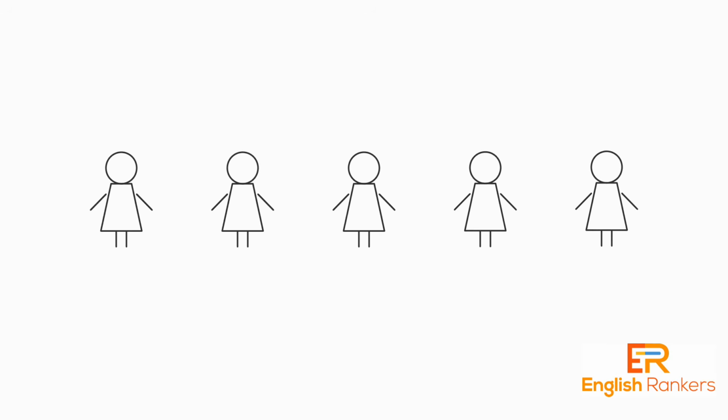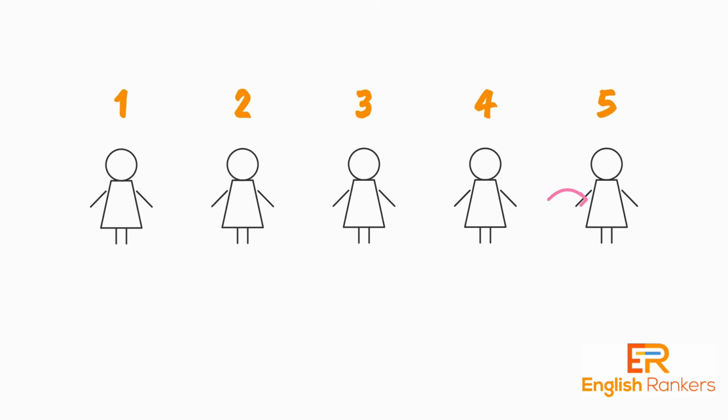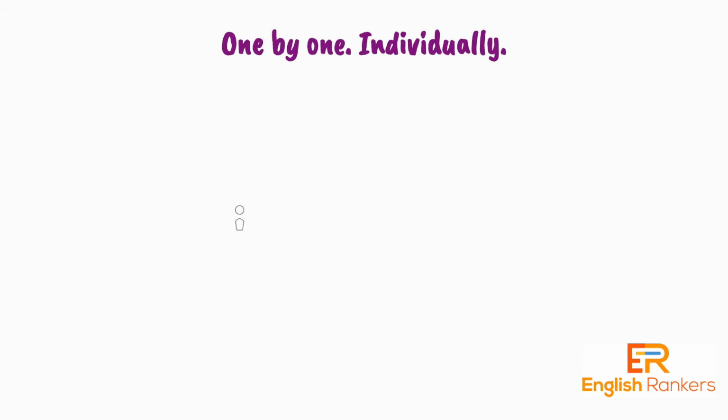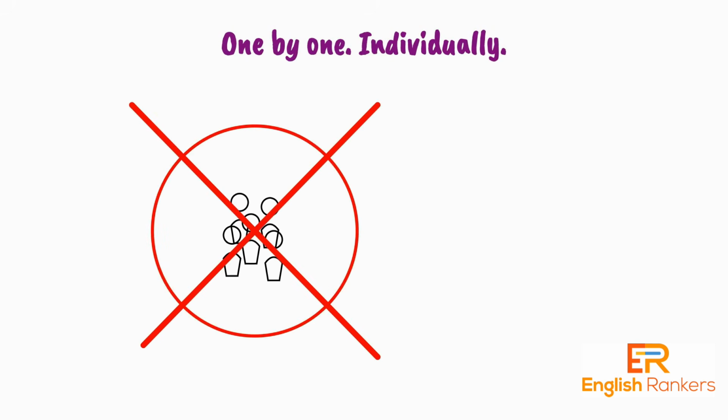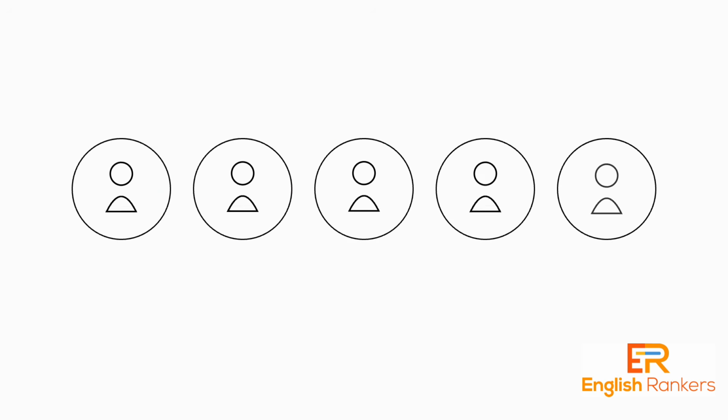Instead of talking about all 5 together, a distributive pronoun points to them one at a time. One by one. Individually. That is all it means. You are not talking about the group. You are talking about the individuals inside the group.